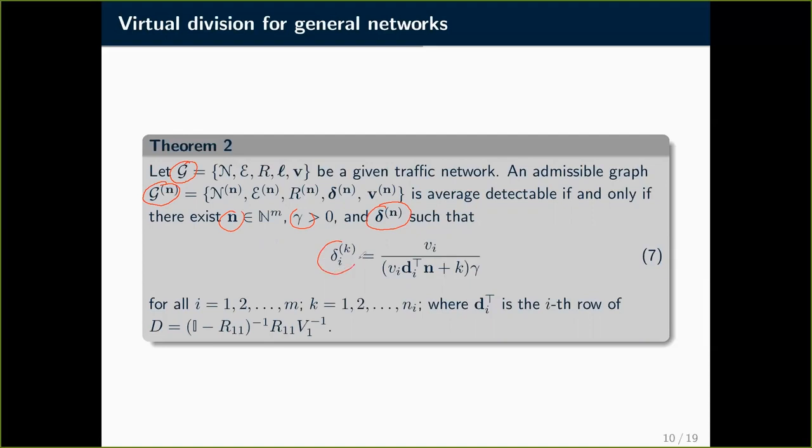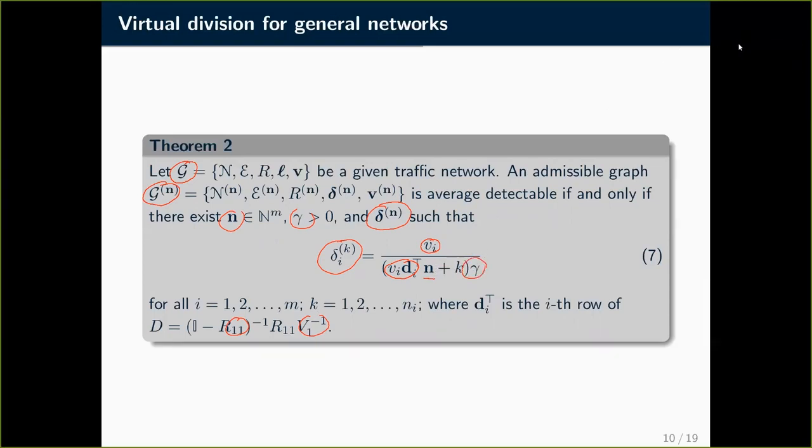It states that the length of each cell will depend in this way. We have these parameters V_i, and this vector that will depend only on the turning ratios and the velocities. And we see the effect of the partition n and gamma.